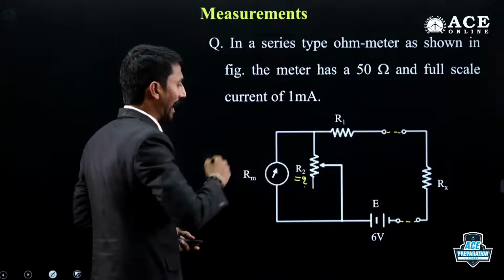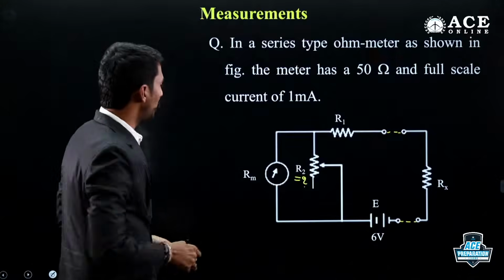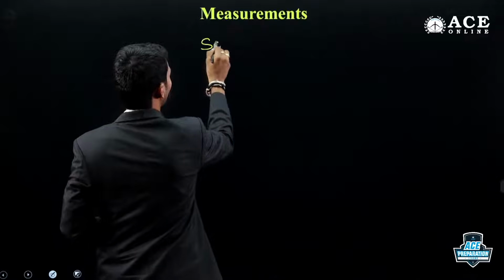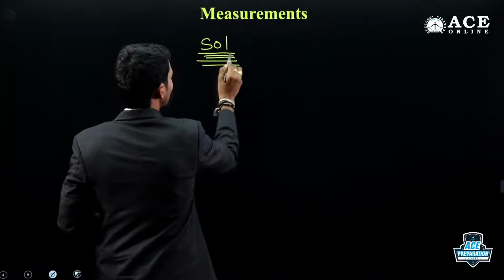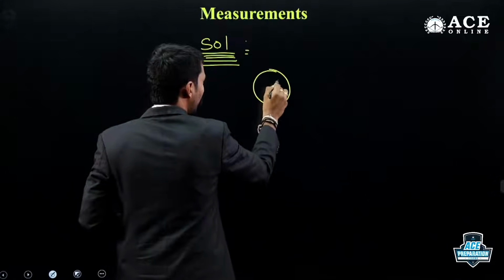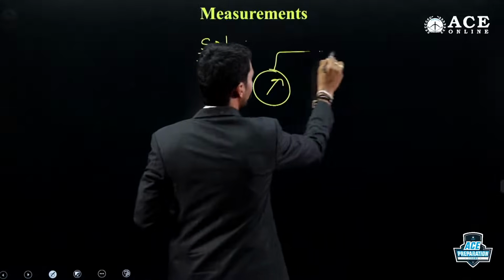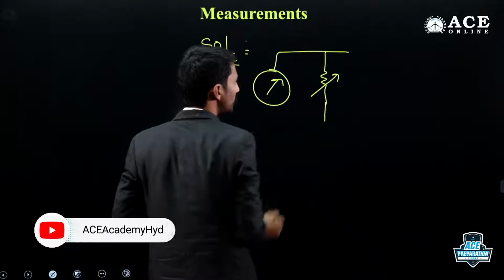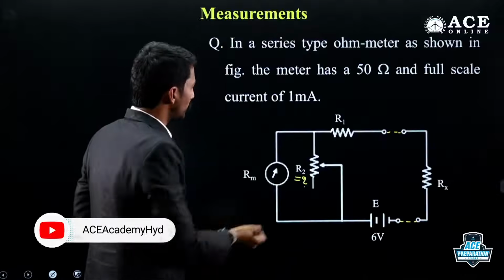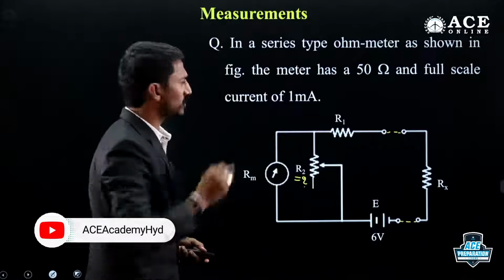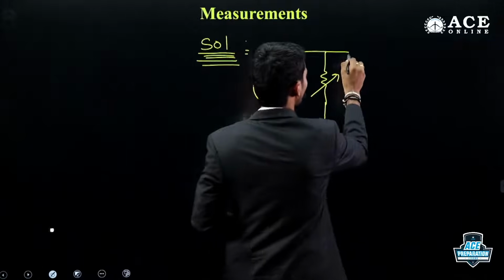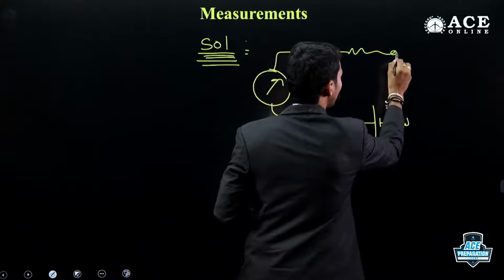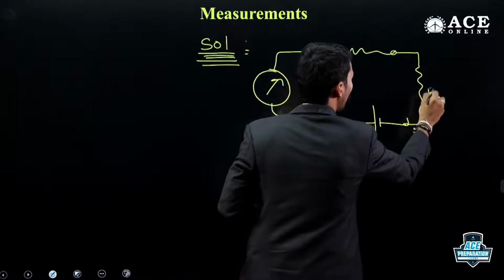Now let us redraw the diagram in the solution for more clarity. Here the meter is taken, and here one resistance, and here one more resistance, then the source, a common series ohm meter, and simply Rx.